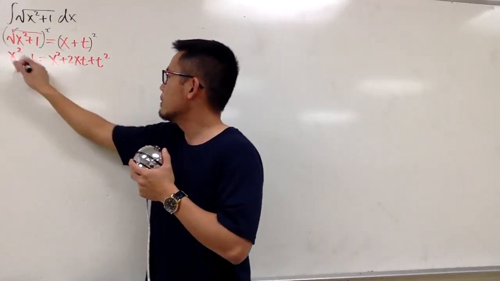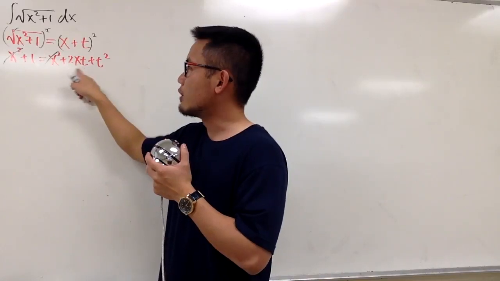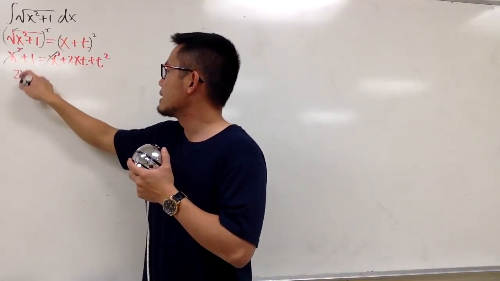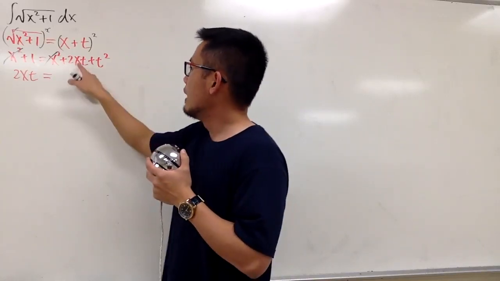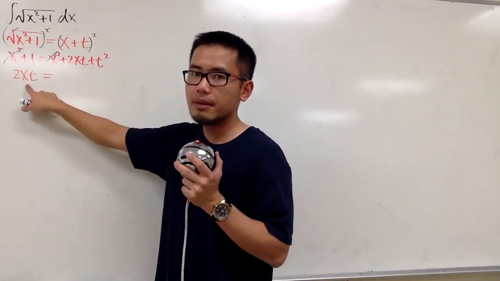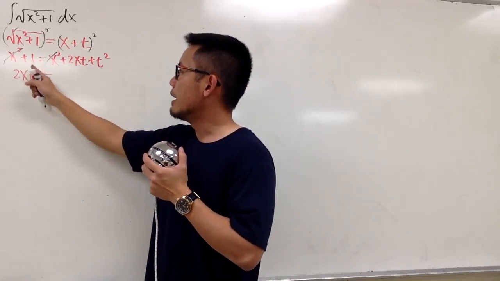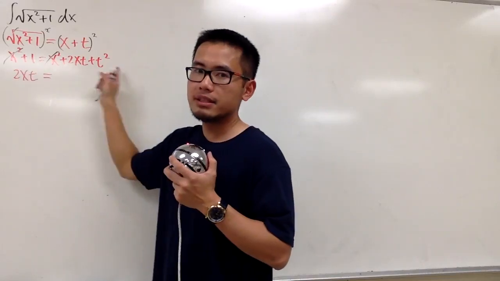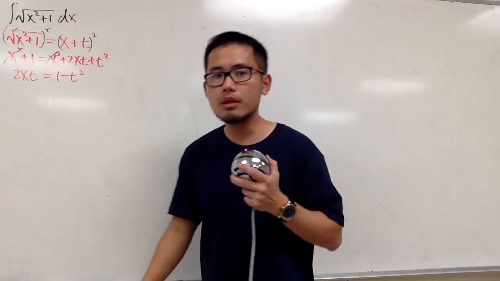So you see that the x squared cancel, and I'm just going to write this down first, which is 2xt. Let me just put this down on the left-hand side. And you see this is a positive 2xt. I will move the t squared to the left-hand side, and you see we will have 1 minus t squared. Okay? So just like that.